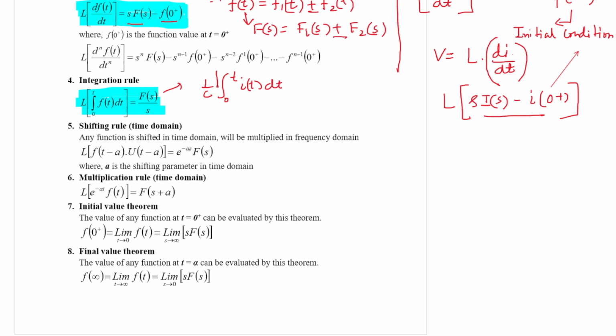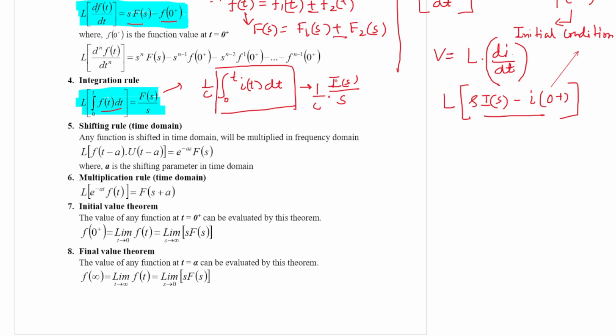You see, it is exactly matching. If you apply the Laplace transform on this equation, it will simply become I(s)/s, and we have additionally 1/C with us. So this is the direct application.